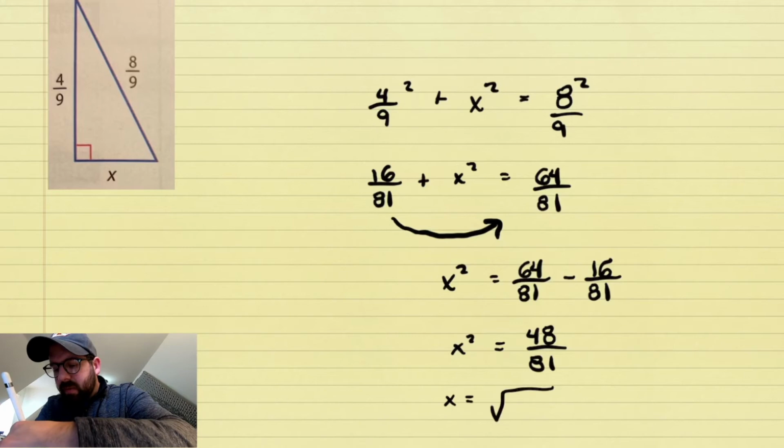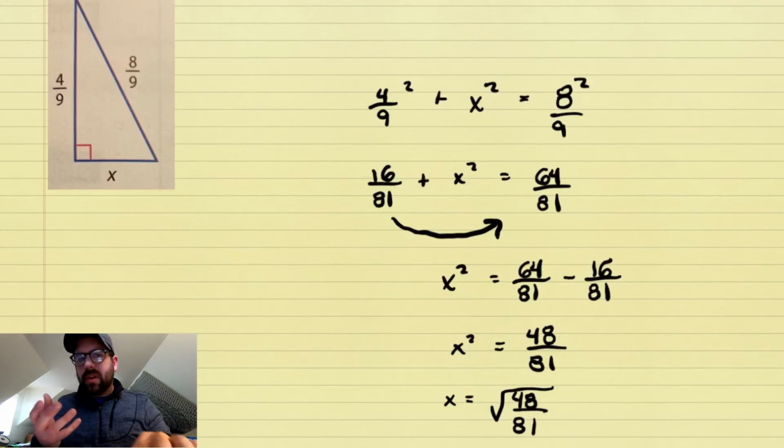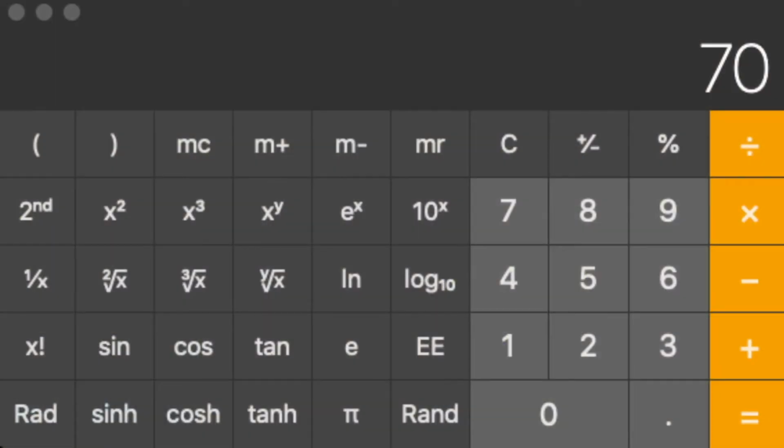And then you have to take the square root of that. 48 over 81. Now, if you actually want to know how to type that in a calculator, you have to take the 48 divided by 81 first if you want a decimal. So 48 divided by 81, you get 0.59. In fact, let me just transition to the calculator here. All right, so let's clear that out. 48 divided by 81.